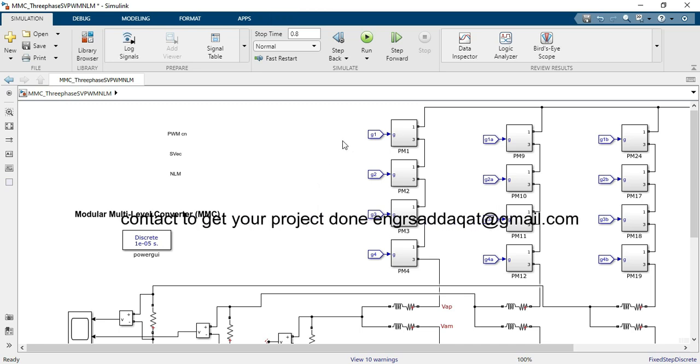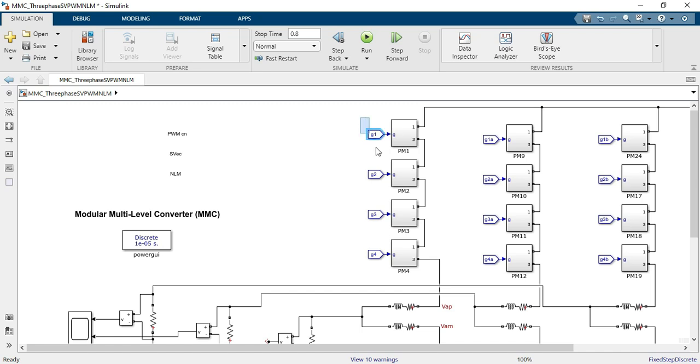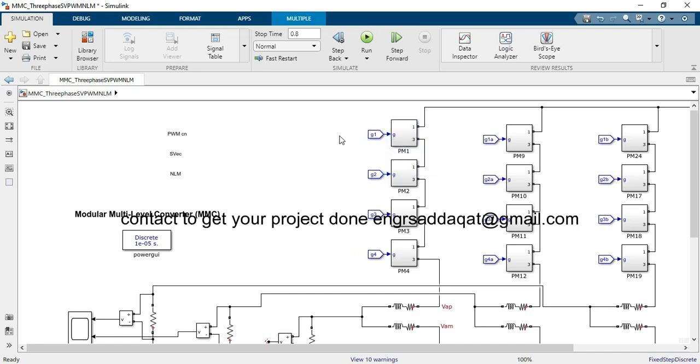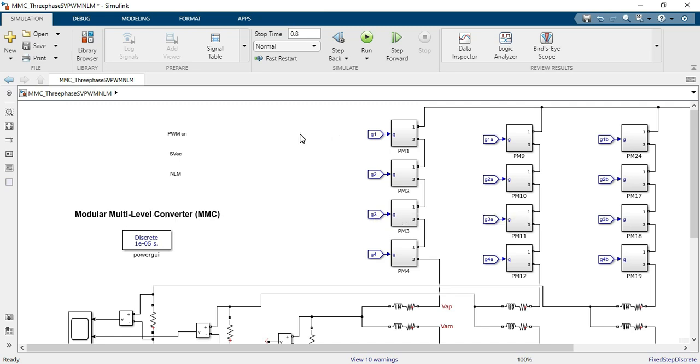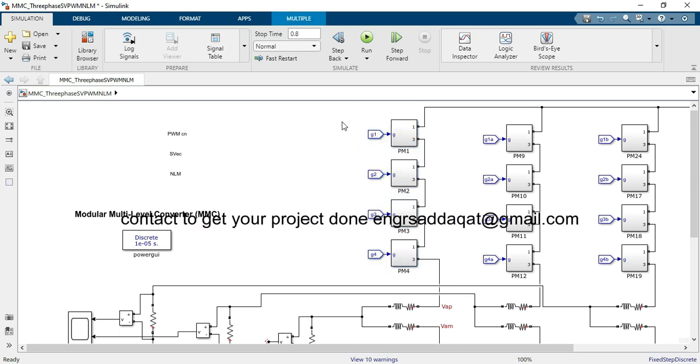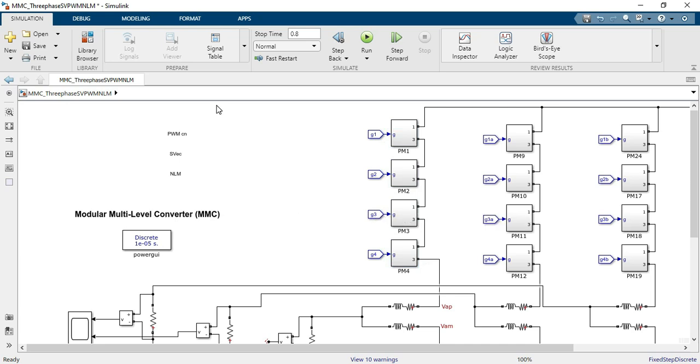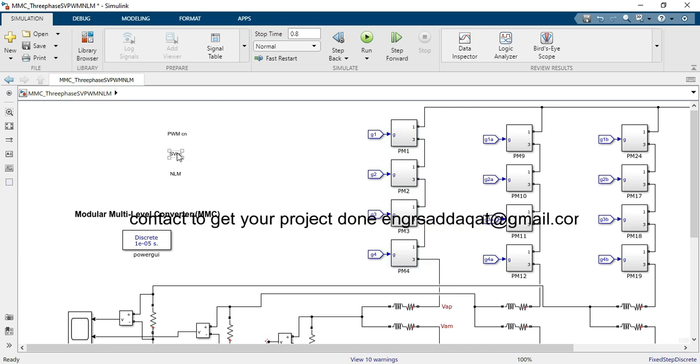The sinusoid moves with the frequency of the output voltage. If we have four submodules on the upper arm and four in the lower arm, we'll have four different carriers for the submodules.